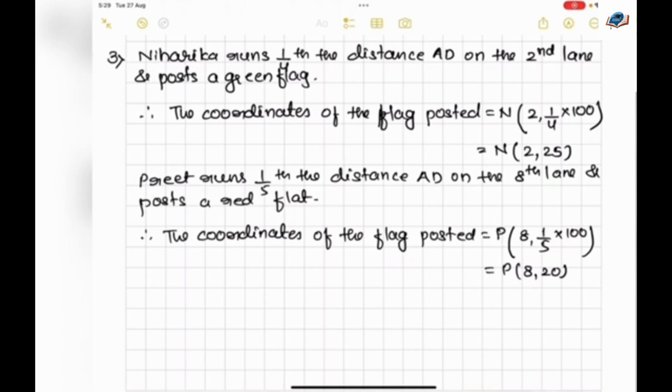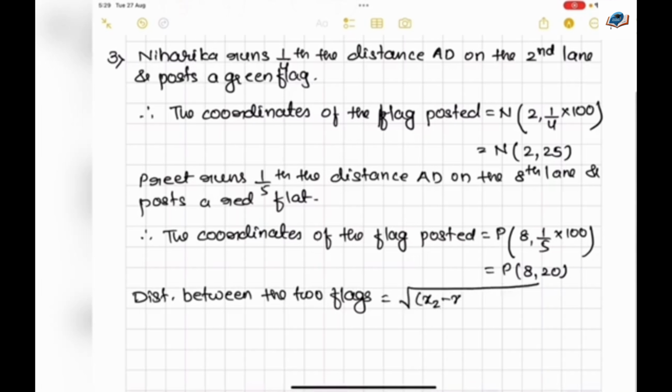Now the distance between the two flags I can find using the distance formula, that is the square root of (x2 minus x1) whole square plus (y2 minus y1) whole square.